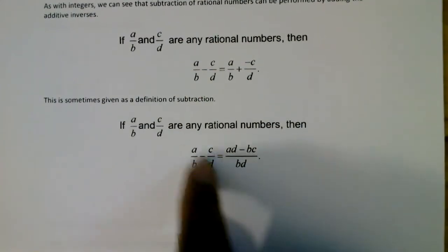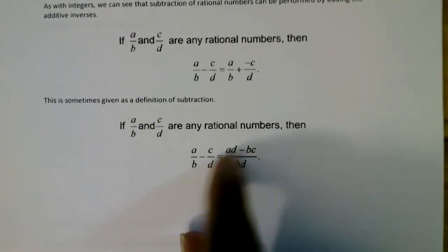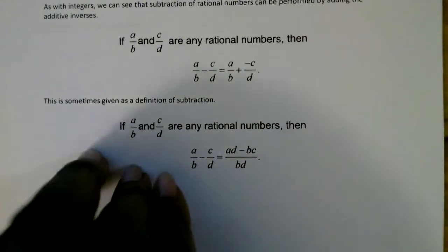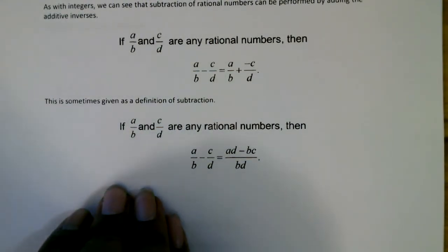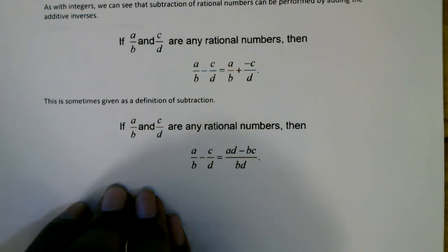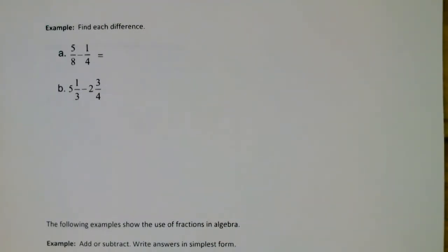Or, of course, you can always find the LCD of your two denominators and then write your equivalent fractions from there as well. So here's a couple of examples of that.